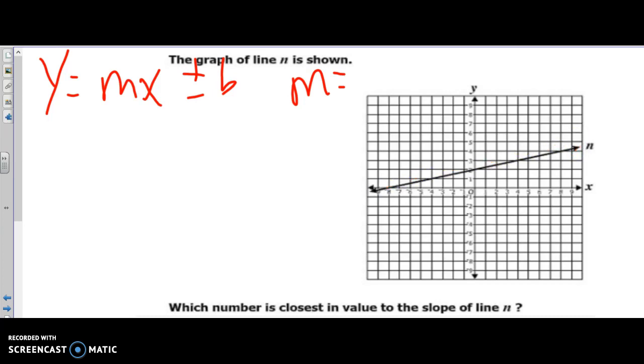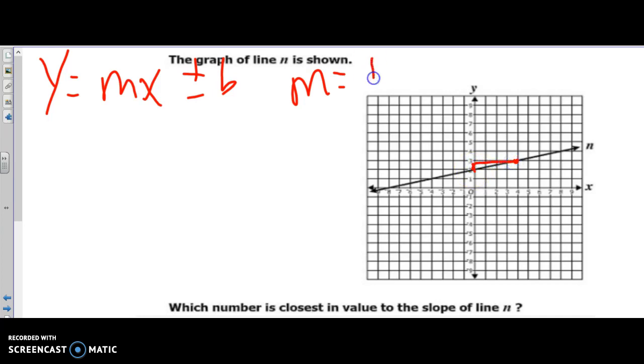Okay, then you put 2 points on the graph, so it crosses through evenly here, and it crosses through evenly here. Do your rise over your run, so you rise 1, and you go over 1, 2, 3, 4.